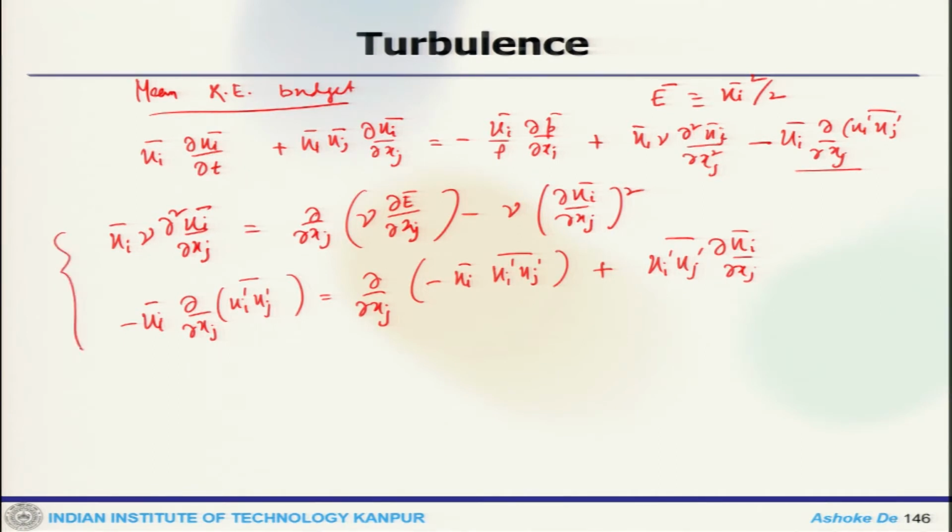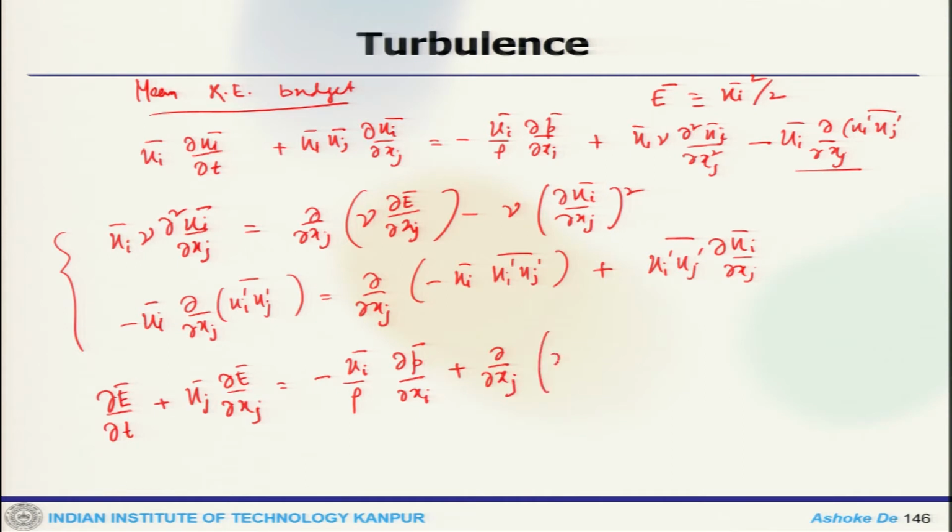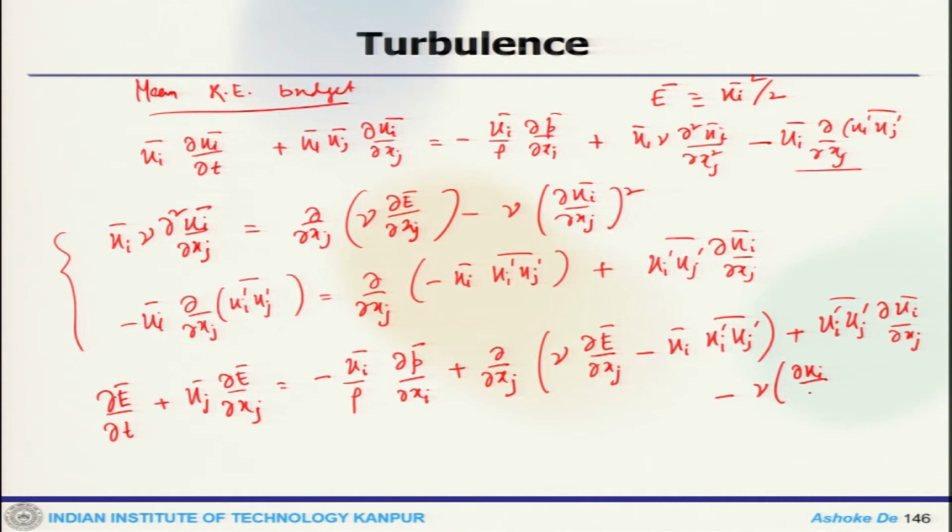Now, if I put these things into the previous equation, that gets me dE bar by dt plus uj bar del E by del xj equal to minus ui bar by rho del p bar by del xi plus del by del xj of nu del E by del xj minus ui bar ui prime uj prime, plus ui prime uj prime del ui bar by del xj minus nu del ui bar by del xj square.